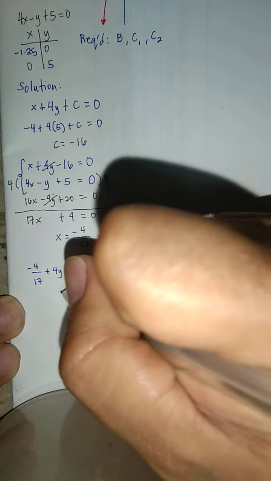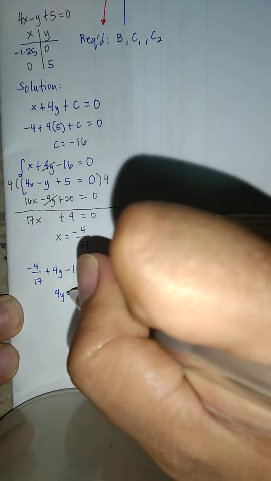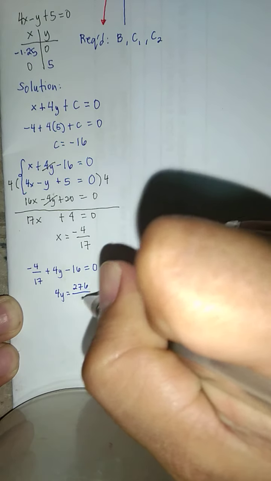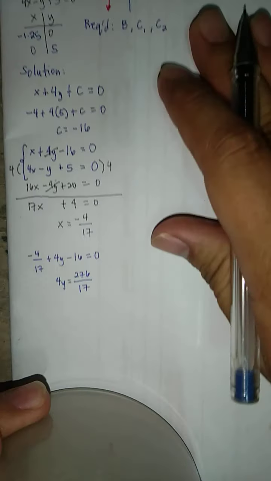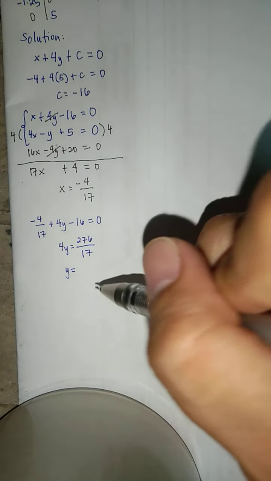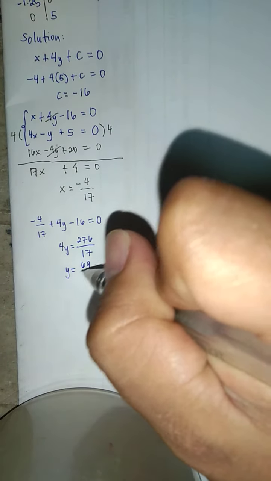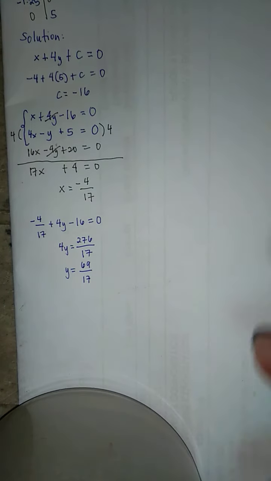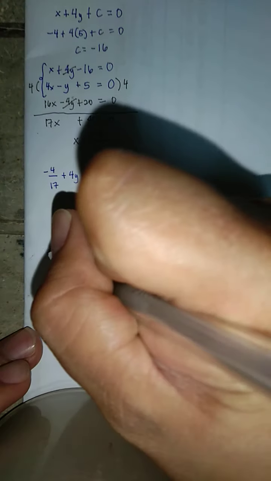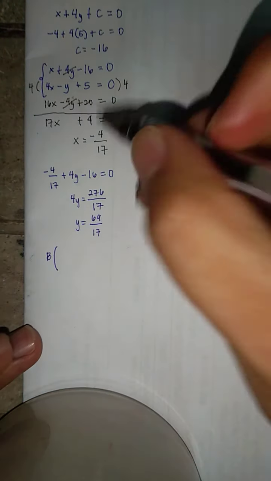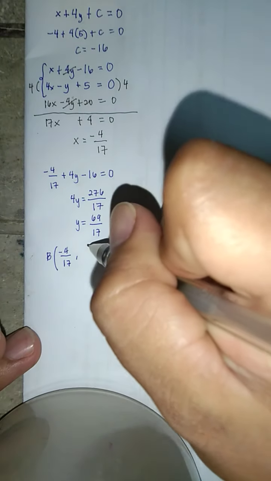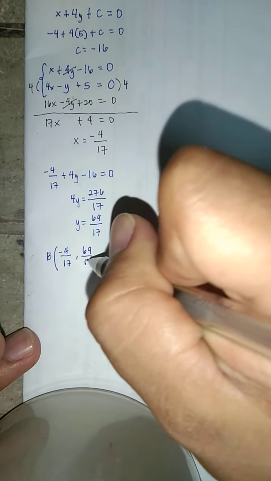So this will give you 4y equivalent to 276/17. Solving for y, therefore, y is 69/17. So therefore the coordinates for B is x at -4/17 and the y-coordinate is 69/17.